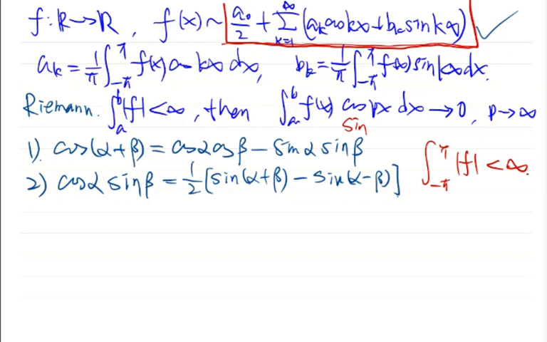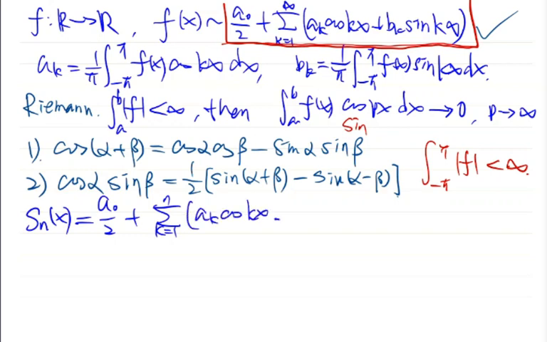Okay, so the partial sum of the Fourier series, denoted by S_n(x), is the first n terms of the series: a half a_0 plus the sum of a_k cosine kx plus b_k sine kx.